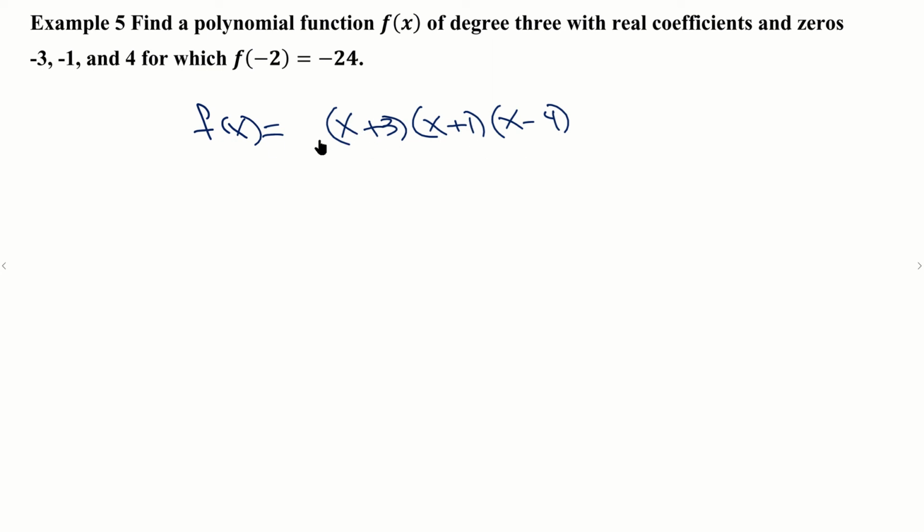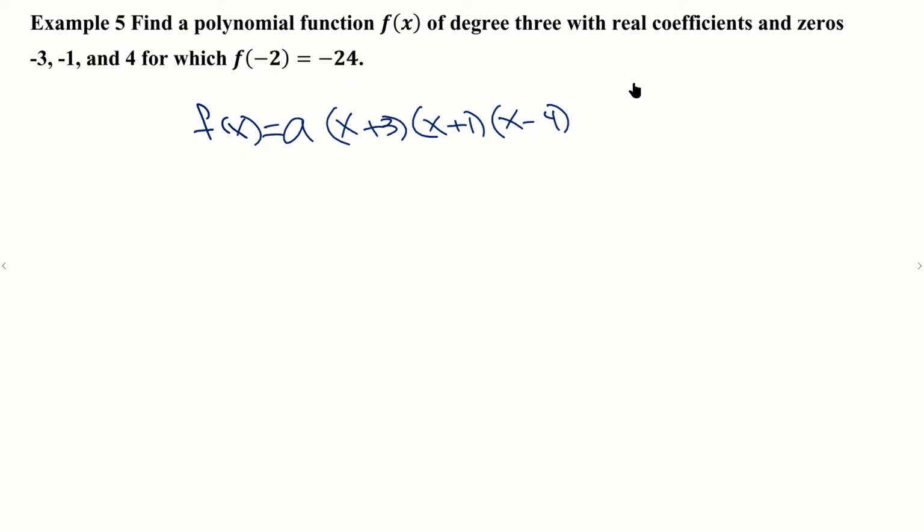I can take this polynomial and multiply it by any constant that I want, and that polynomial is still going to have the same zeros. Multiplying by this constant is not going to matter, but we want this constant because now we can custom design this particular polynomial so that f of -2 equals -24.